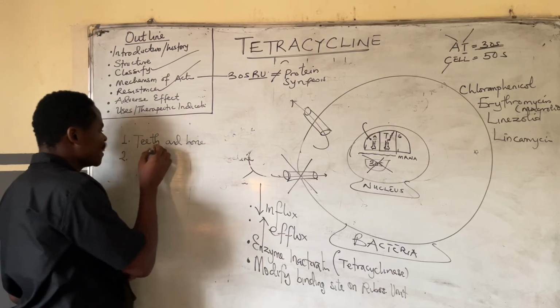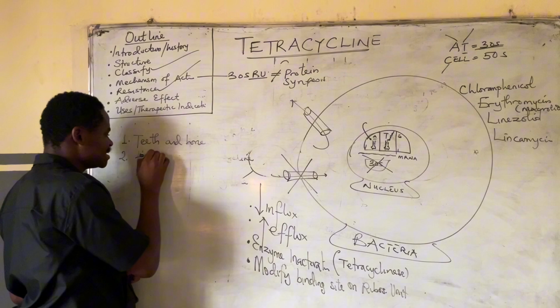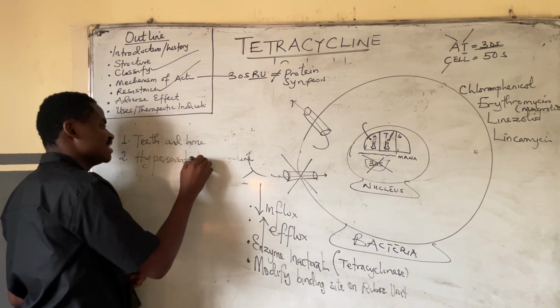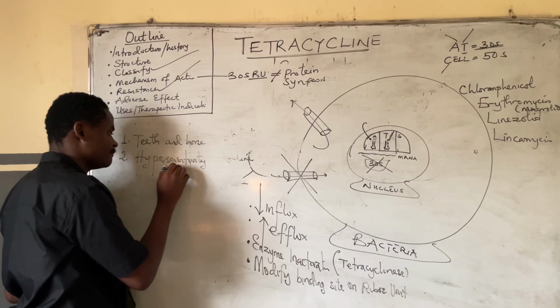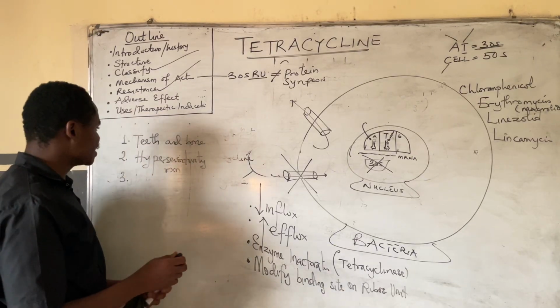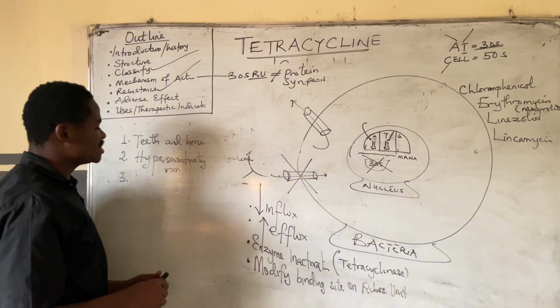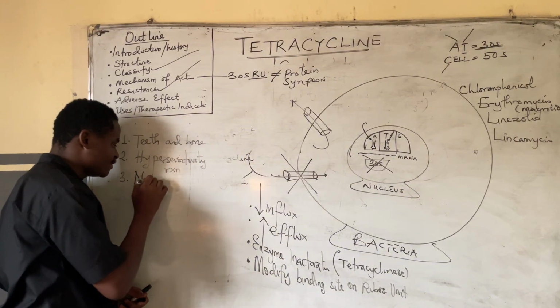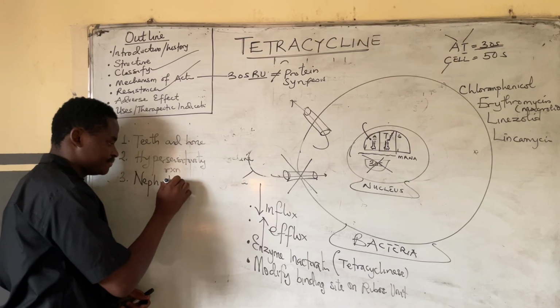Okay, number two, this drug also causes hypersensitivity reaction. Number three, this drug, tetracycline, is one of those drugs that we remember to have some effect on the kidney, nephrotoxicity.